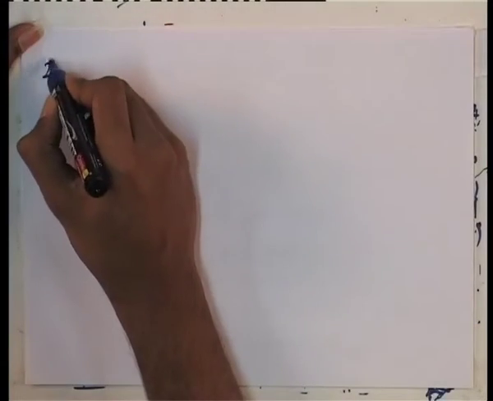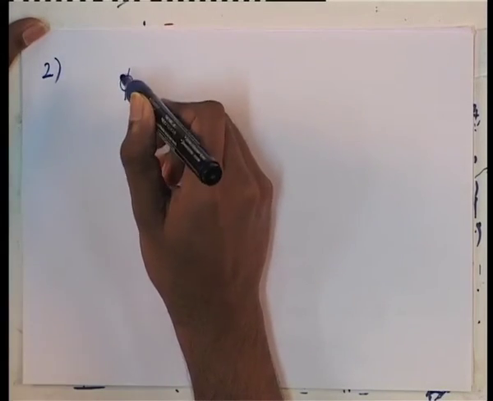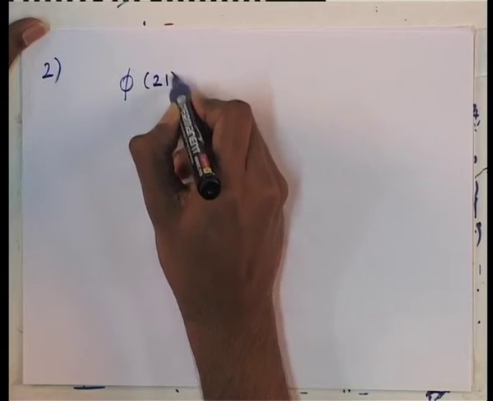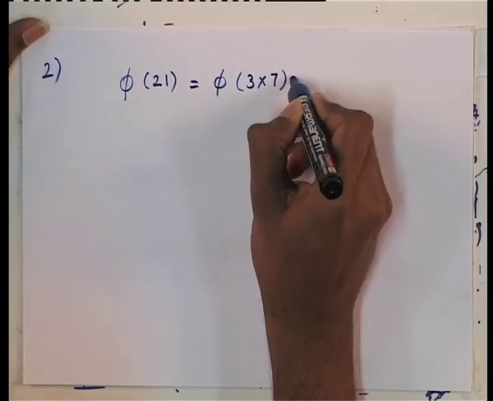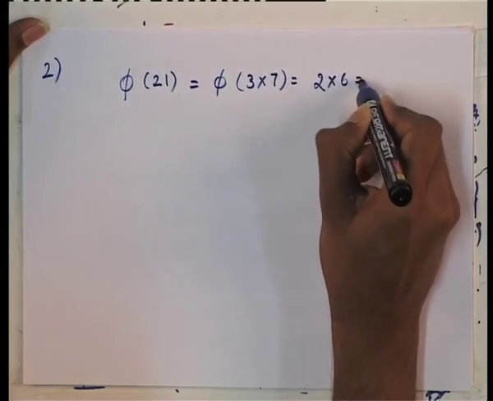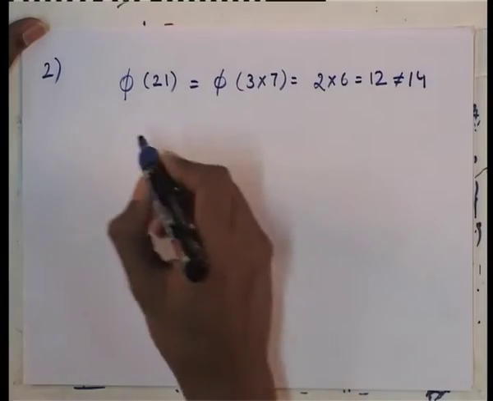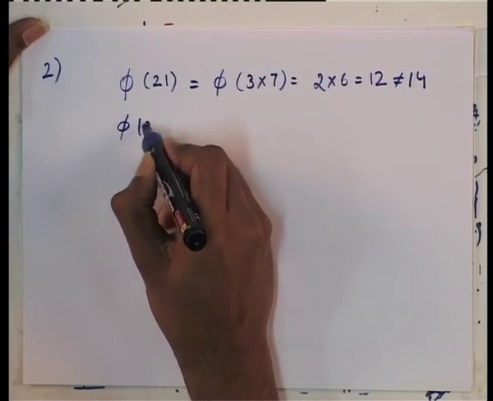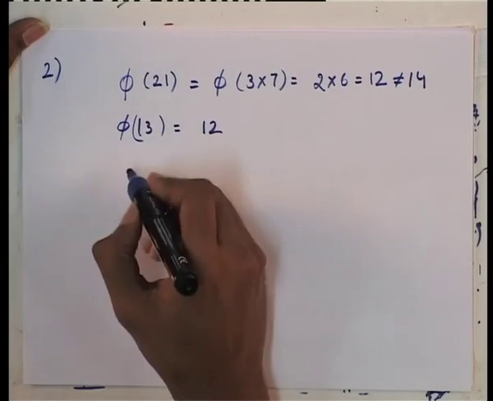Let us look at the last question. We are asked to find the value of phi for different numbers. Phi of 21 is phi of 3 times 7, which is 2 times 6, that is 12, which is not equal to 14. So, option A is incorrect. Phi of 13, as 13 is a prime number, is 13 minus 1, 12.